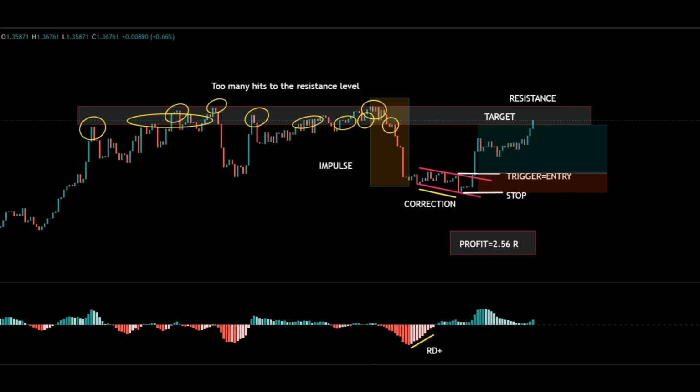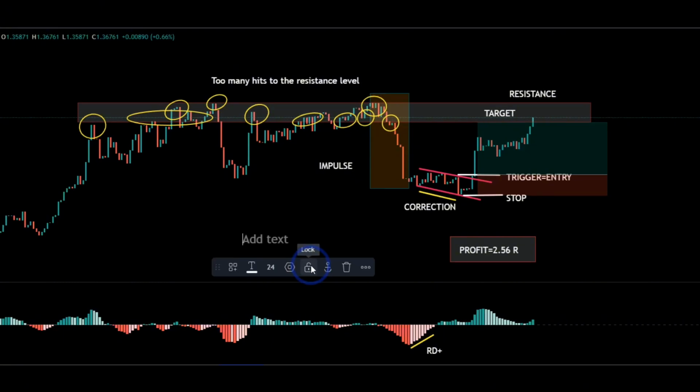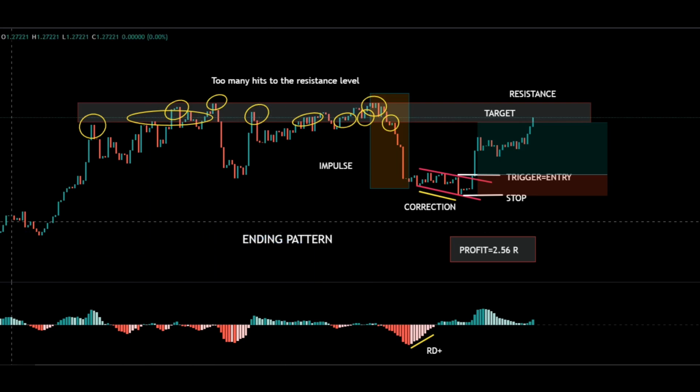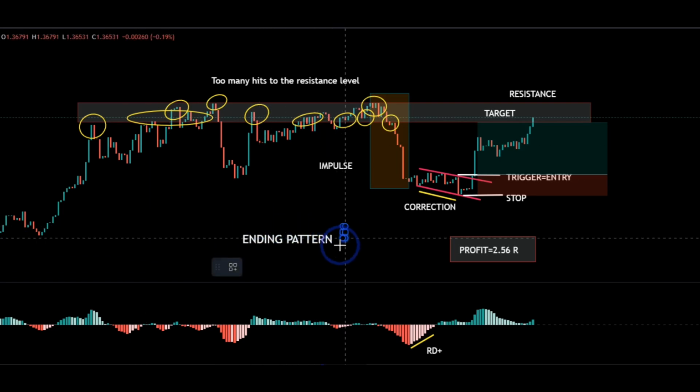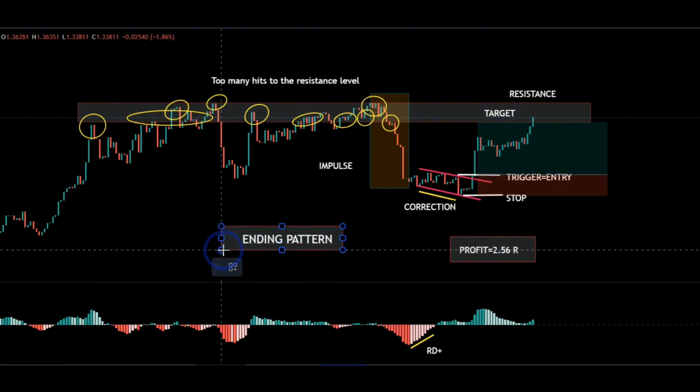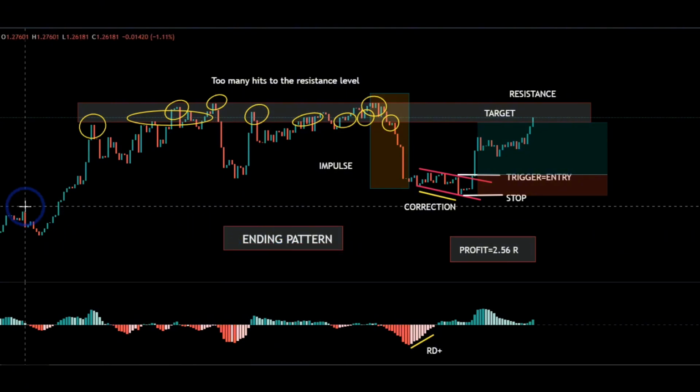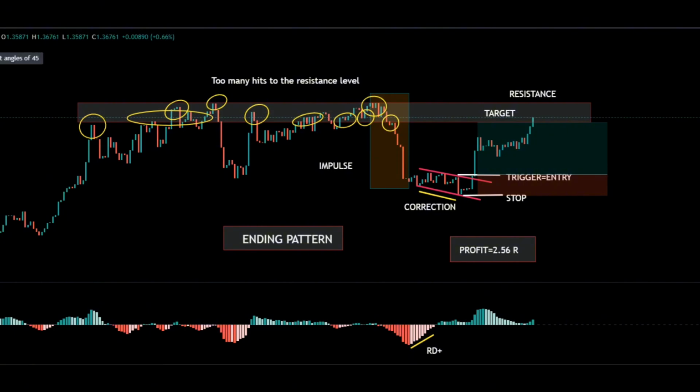This is a powerful trading system, especially when we enter a position based on an ideal ending pattern. The important takeaway is that the ending pattern is a very powerful trading strategy, but only if you can consistently identify ideal setups and avoid non-ideal patterns.